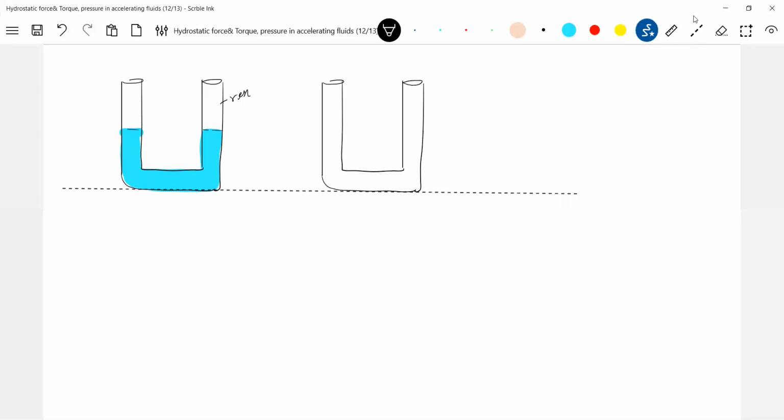Liquid, you can see, to a level H, with density rho. So now I'll accelerate it. Now tell me what will happen to the liquid columns.